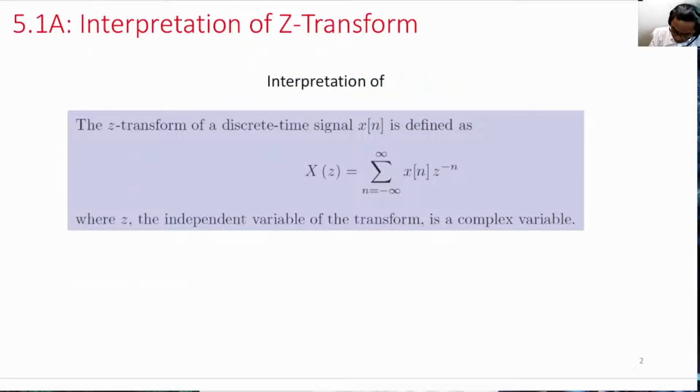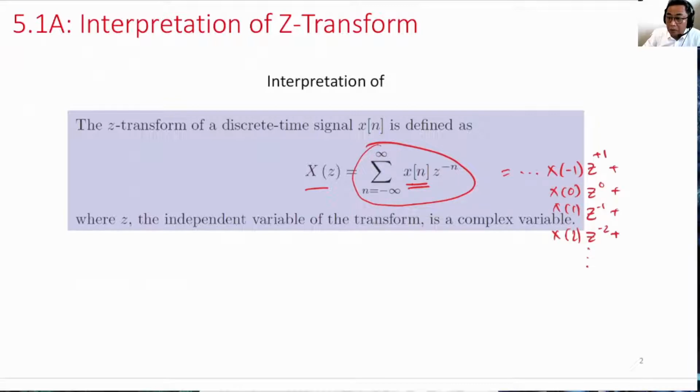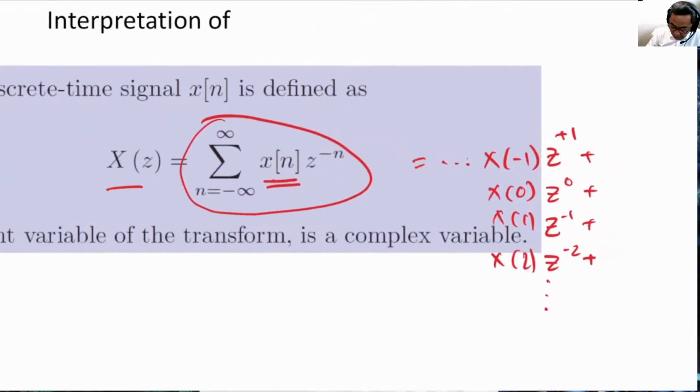Let's recap. Given a sequence x of n, to convert it into the Z-transform, simply do this, and it will look like the equation on the right-hand side. It basically converts this sequence into a polynomial with power z.